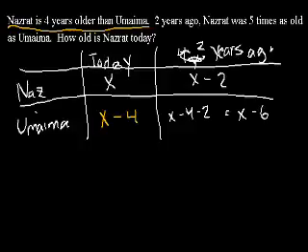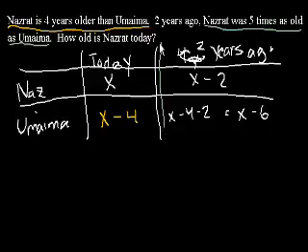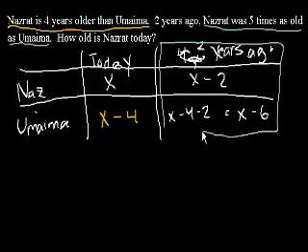Now we have one final piece of information in this problem. It says 2 years ago, Nusrat was 5 times as old as Umama. So it's this situation, 2 years ago. Nusrat, which is X minus 2, was 5 times older than Umama, which is X minus 6.